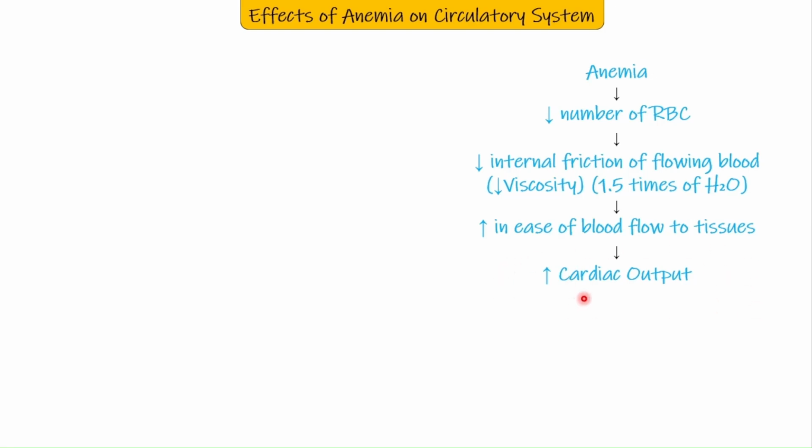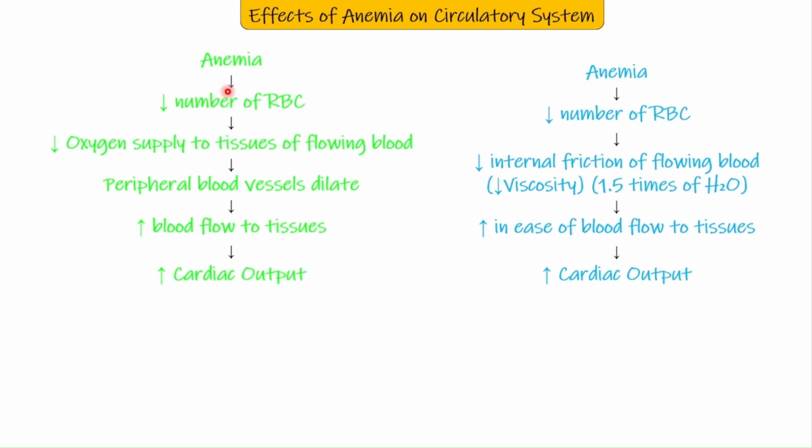There is one more mechanism by which anemia can lead to increased cardiac output other than the decrease in viscosity. Whenever there is a decreased number of RBCs, there is decreased oxygen supply to the tissues. RBCs have hemoglobin, which carries oxygen to the tissues. When there is a decreased number of RBCs, less oxygen is being supplied to the tissues.